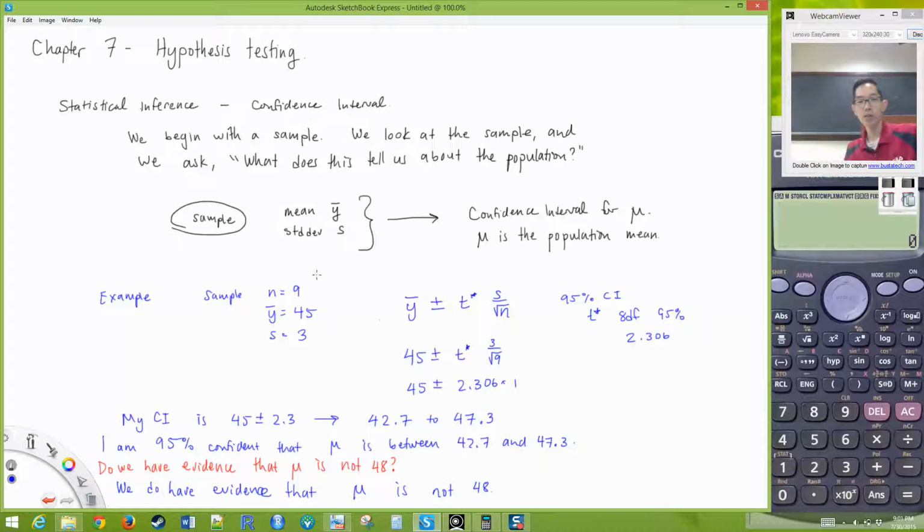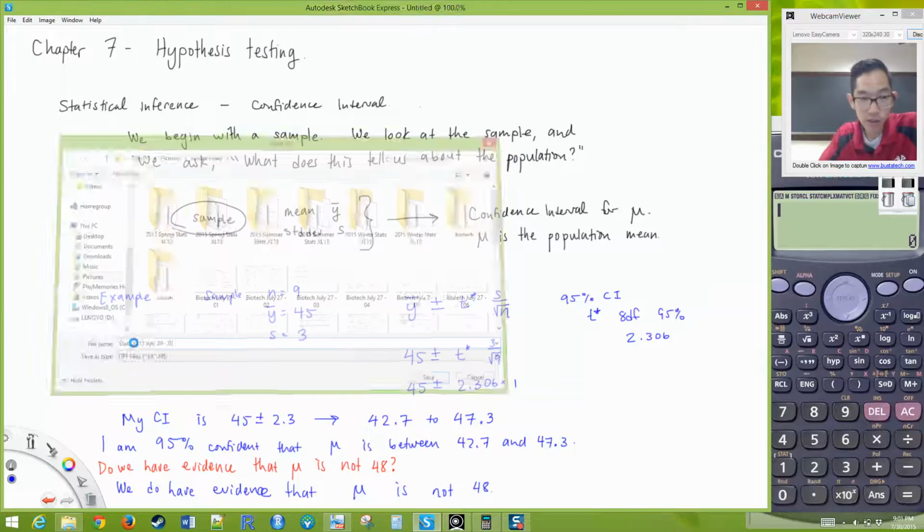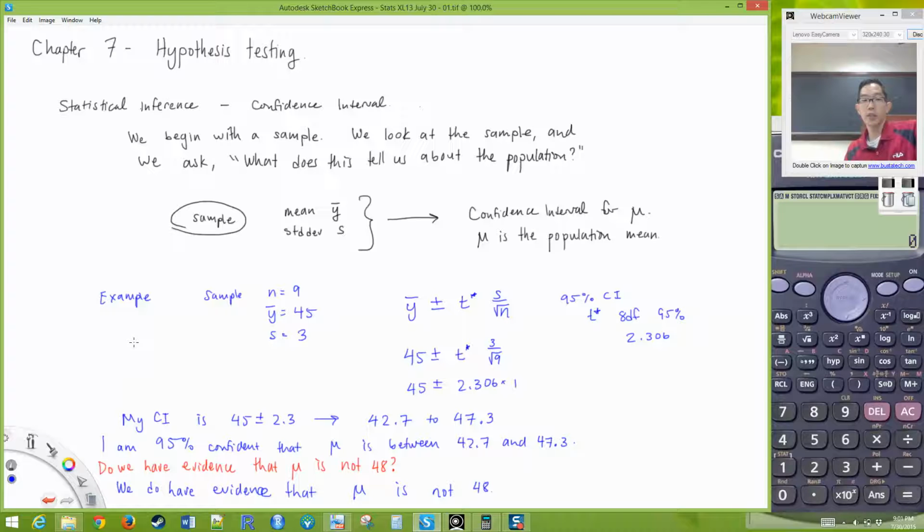Okay, so that was our first exposure to statistical inference, and that was through confidence intervals. And then we created confidence intervals for a difference between two means, etc. In hypothesis testing, we're going to do something similar, except we don't start with the sample, we start with a question.